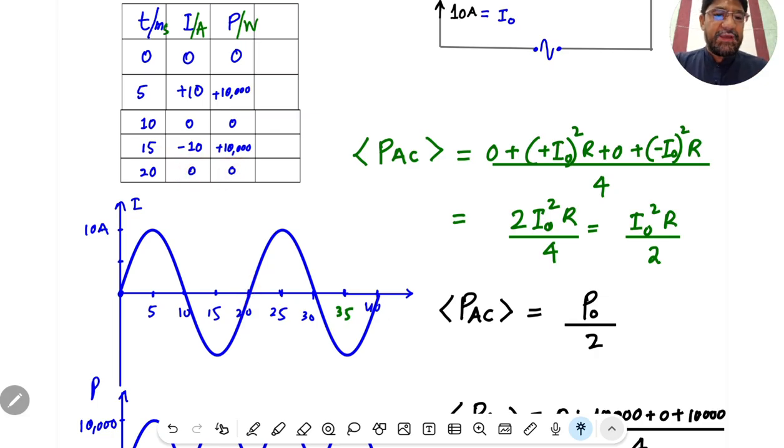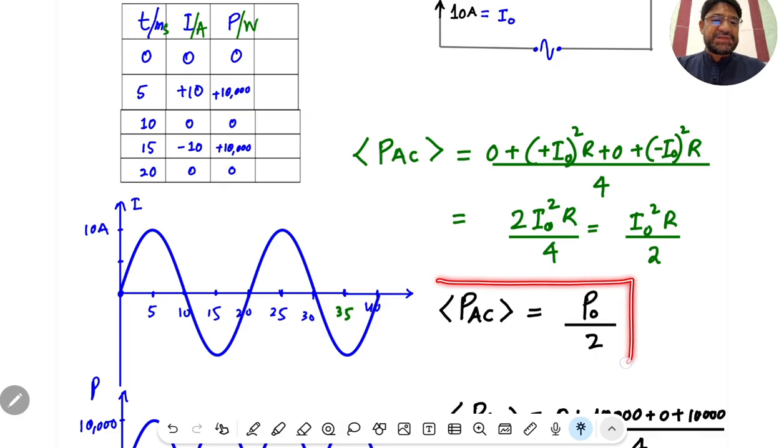So if I calculate the average power or mean power dissipation in an identical resistor due to alternating current, then it is 0 plus positive I square R plus 0 plus negative I square R, divided by 4. So this is basically I square R divided by 2.